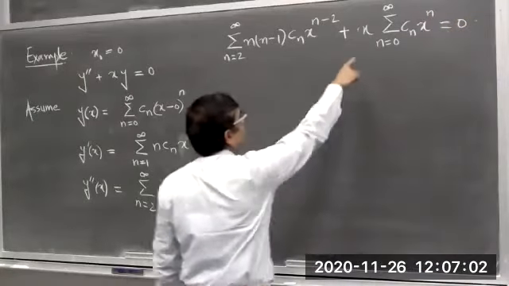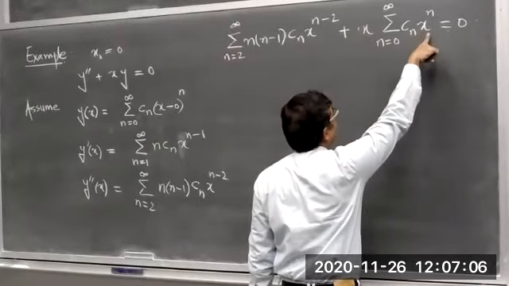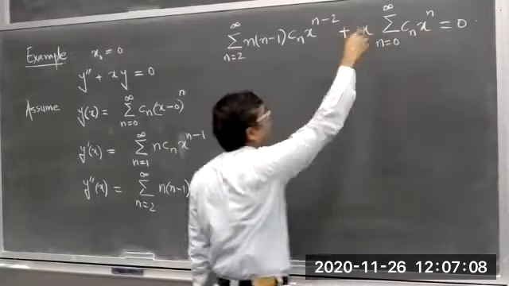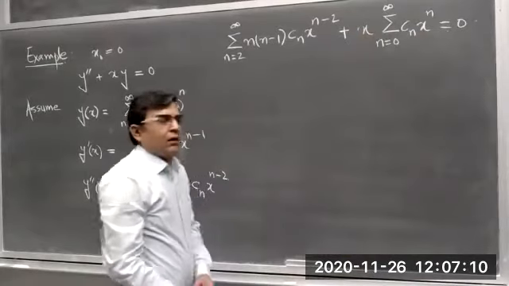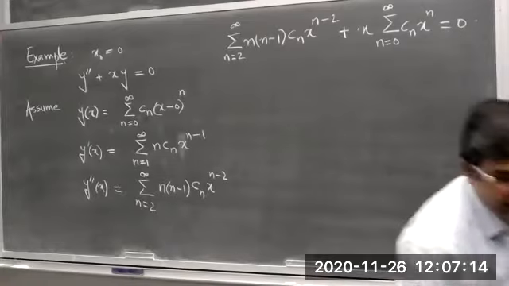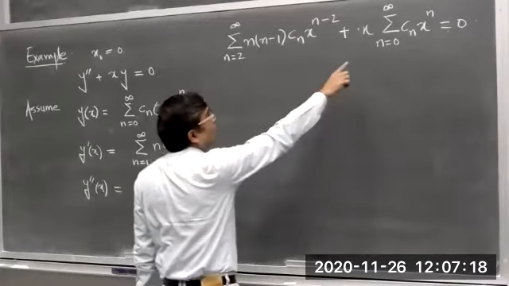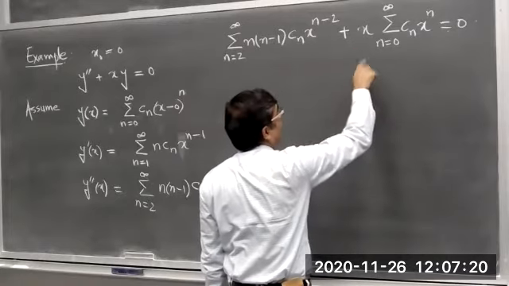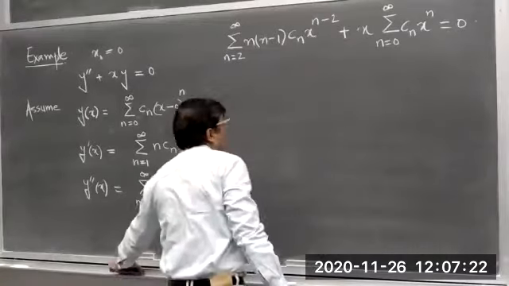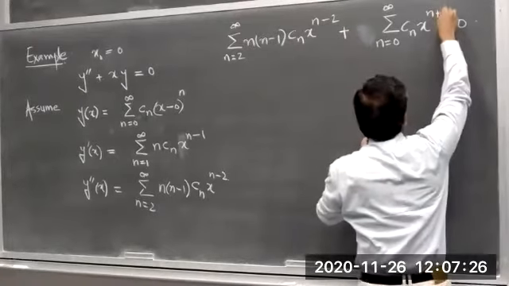Now we can take this x inside this summation, because there is no n involved here. In the next step, we can take this x and put it in the power as n plus 1.